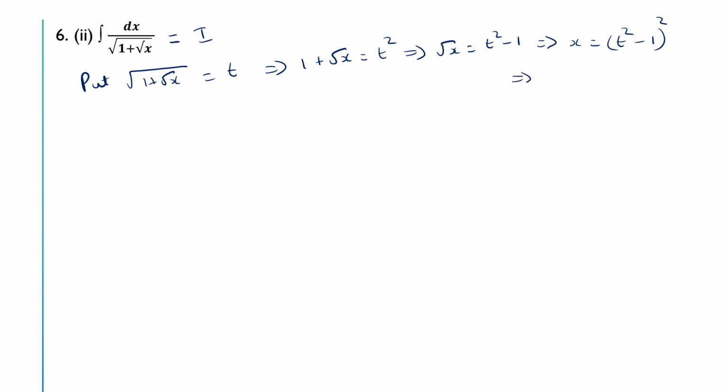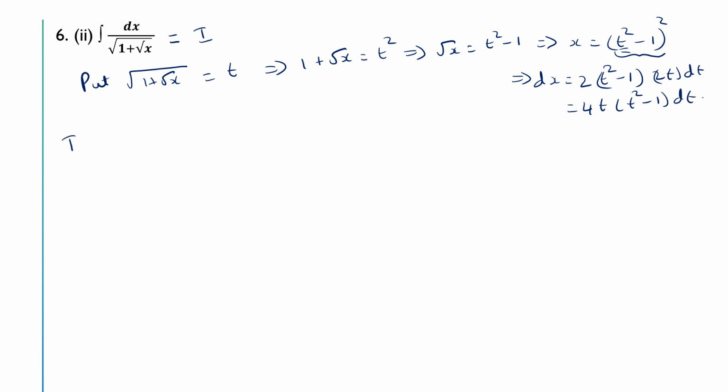So when we differentiate both sides, we get dx is equal to this. We have to differentiate using chain rule. It will be 2 into t square minus 1 into 2t. Then we have to differentiate t square. That will be 2t dt. So this will be 4t into t square minus 1 dt.